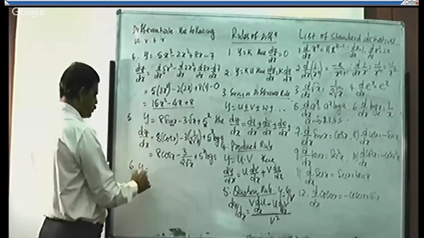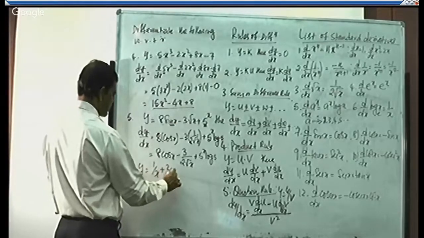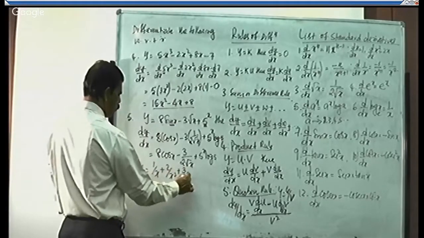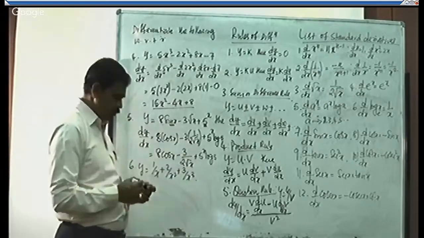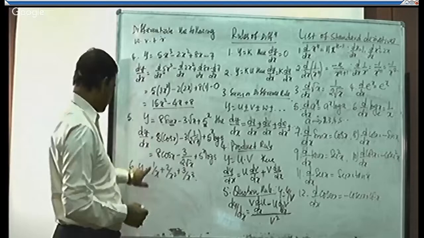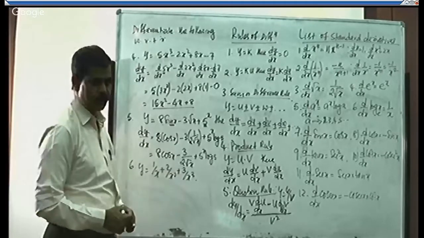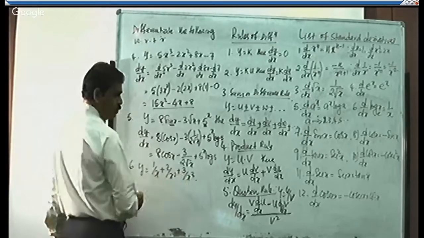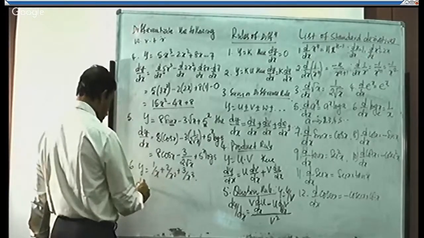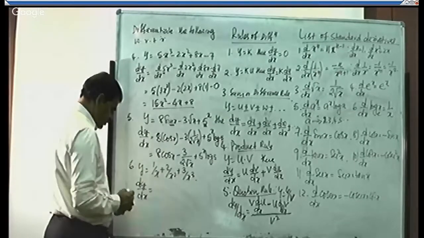y is equal to 1 by x plus 2 by x square plus 3 by x cube. What is the given function? The given function is 1 by x plus 2 by x square plus 3 by x cube. Differentiate individually. It is the sum rule. Right? dy by dx is equal to how? 1 by x is differentiated.